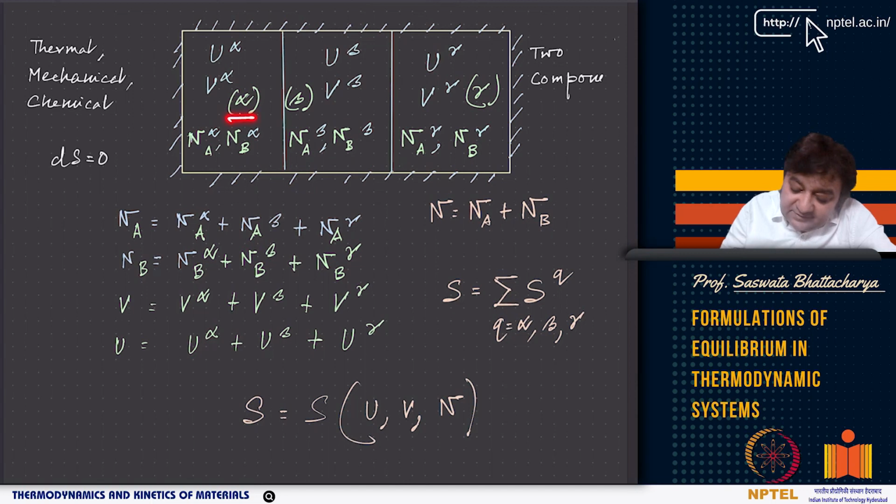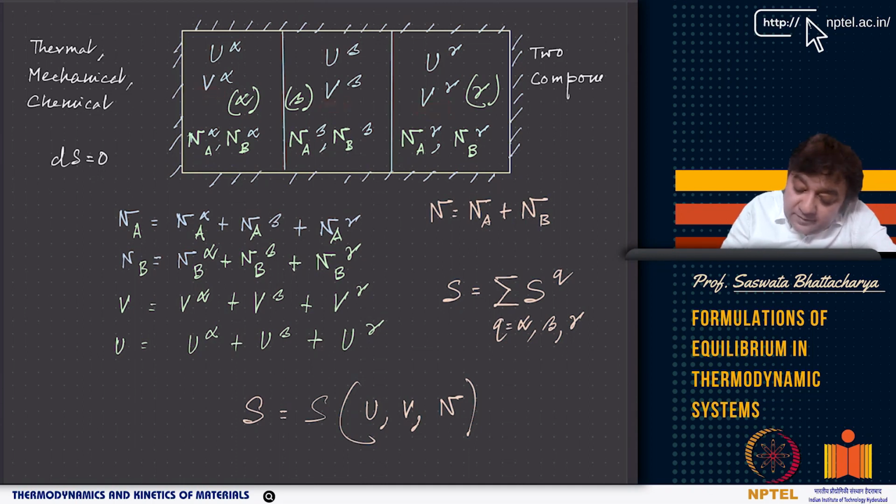U alpha is the internal energy of the alpha subsystem, U beta is that of the beta subsystem, and U gamma is that of the gamma subsystem. And you also have the volumes: capital V, V alpha, V beta and V gamma. These are the volumes of the three subsystems.